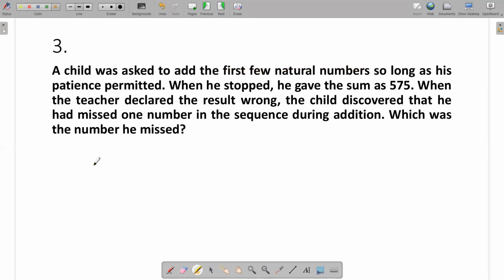So in this question, we are again considering the sum of first n natural numbers. Sum of first n natural numbers is given by the expression n into n plus 1 divided by 2. Now, we need to attempt this question by trial and error.